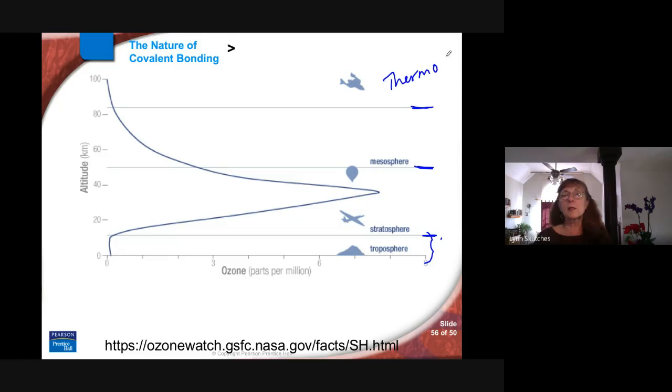And he's saying the thing is that it's really hot up here. You got to keep in mind that that is a reference to the temperature, which is the kinetic energy of the particles. So yeah, the kinetic energy is really high, but there's very few atoms and molecules up here.